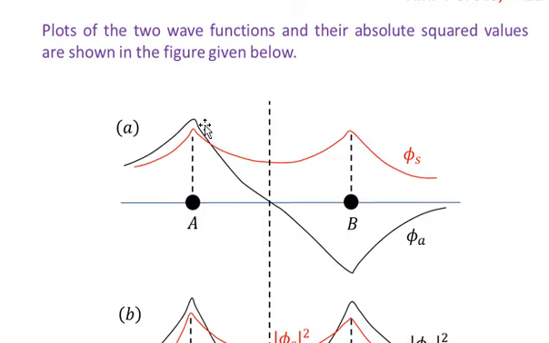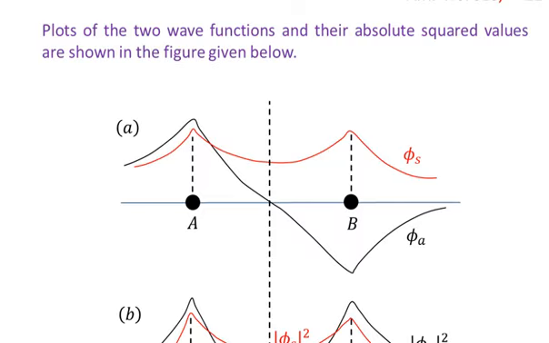You can see that the red curve represents the symmetric wave function because it is symmetric about the center, and the other wave function, shown in black and represented by phi A, is an anti-symmetric wave function. That is, the positive values on the left hand side of this central point will be multiplied by the negative sign to obtain the right hand portion of that wave function.